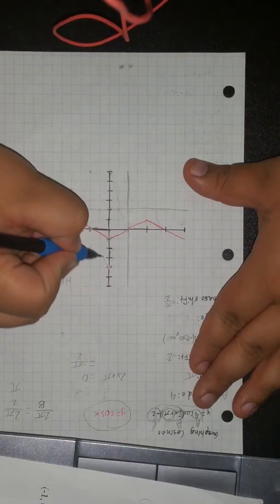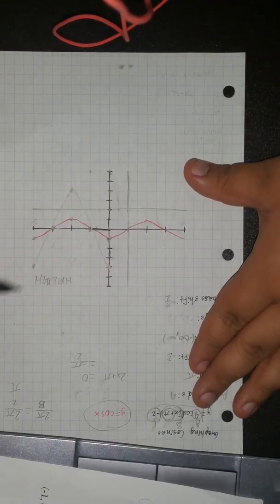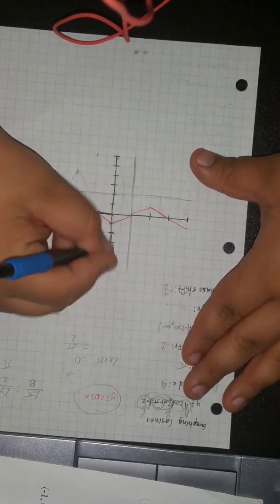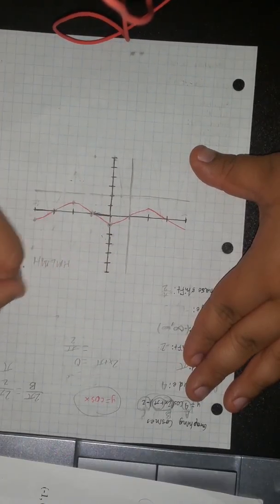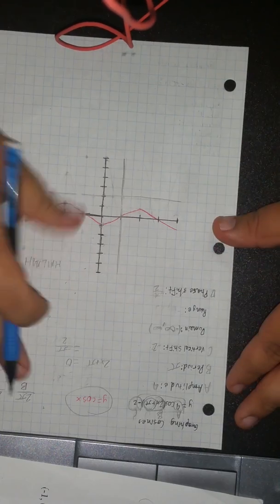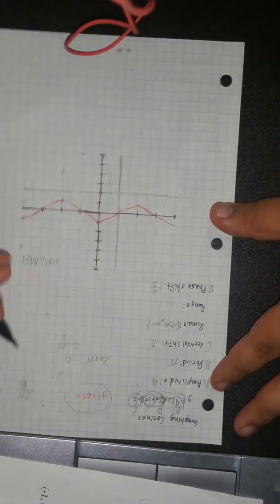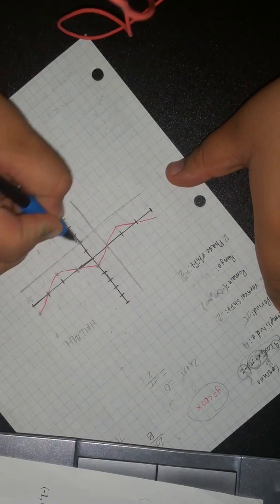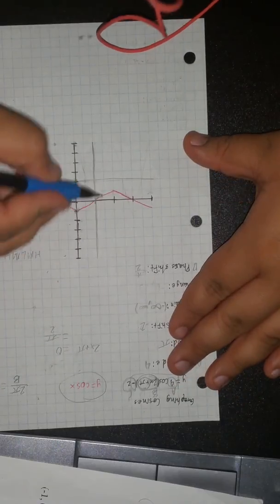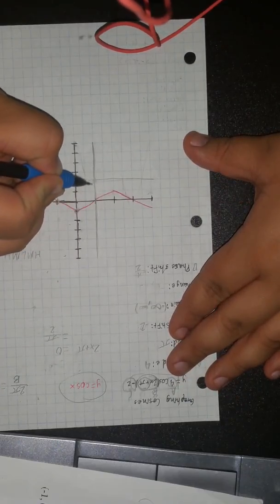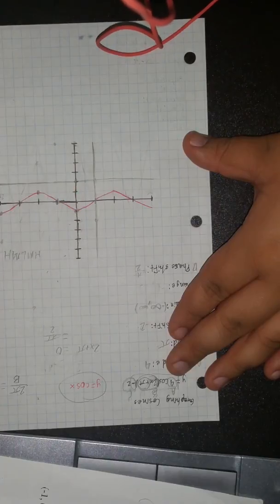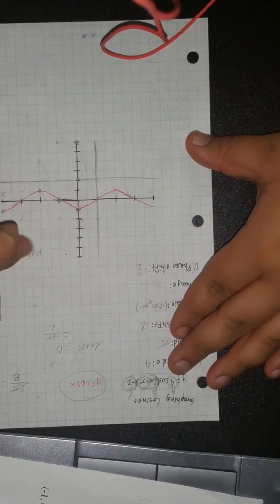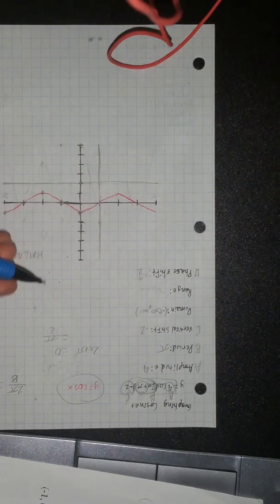So technically, your wave would look like this. But because of the shifts as well as the change in period, it will look a lot different. So you start at your origin, move up 4 units. This is the start of your graph, going from the high, middle, low, middle, high.